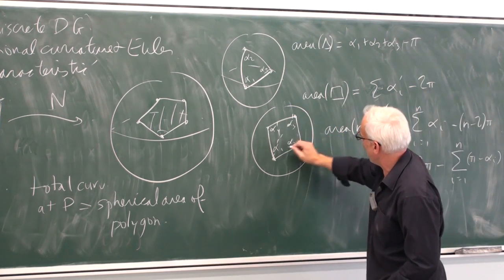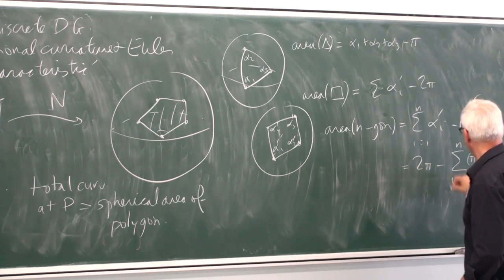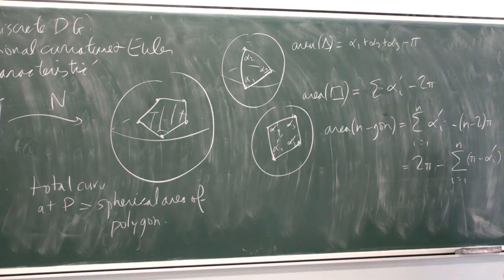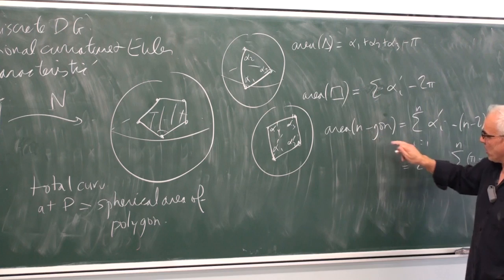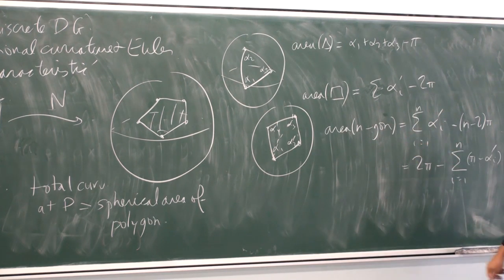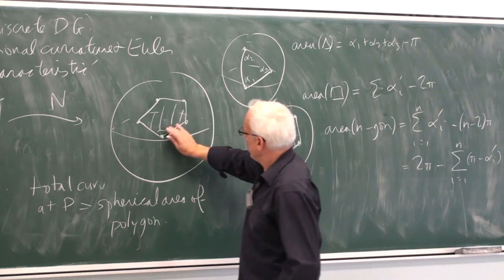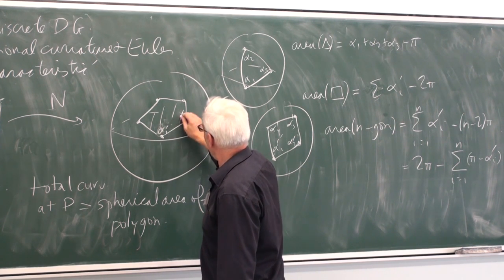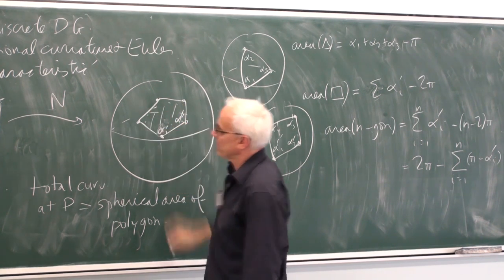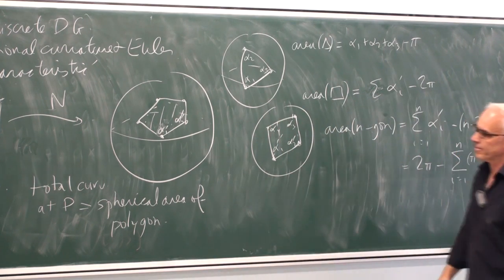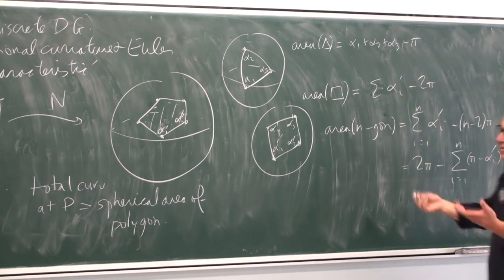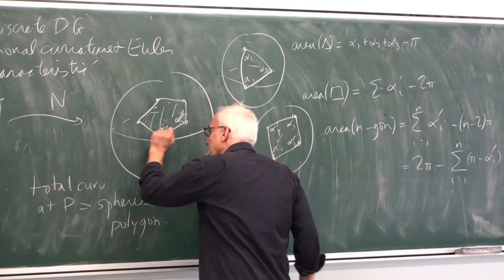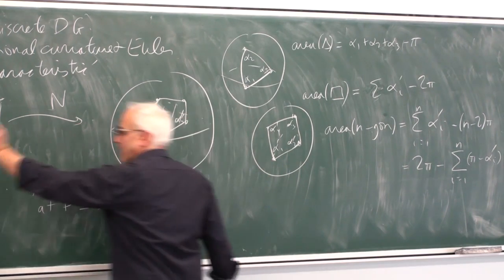So the area of an n-gon with angles alpha 1 prime, alpha 2 prime, and so on. And the natural connection is, what is the relationship between these angles and these angles?